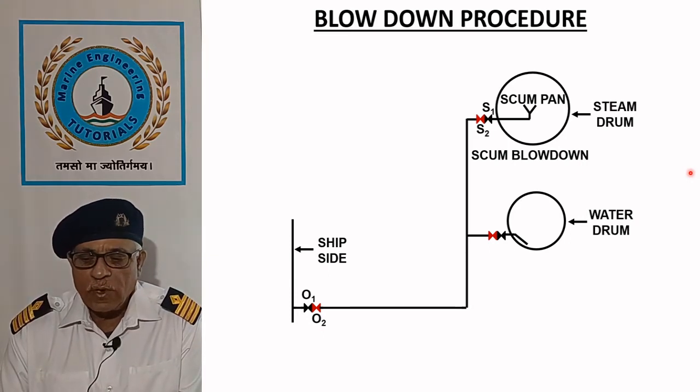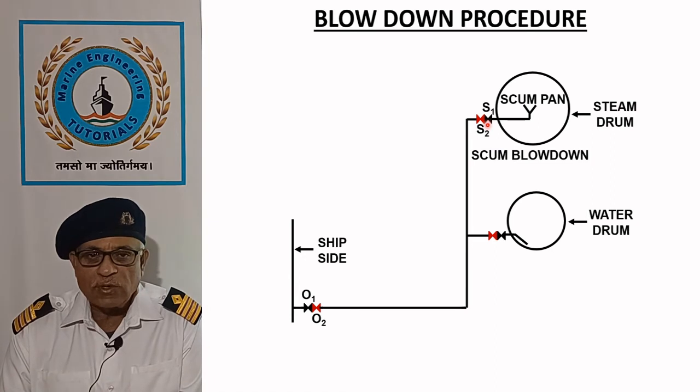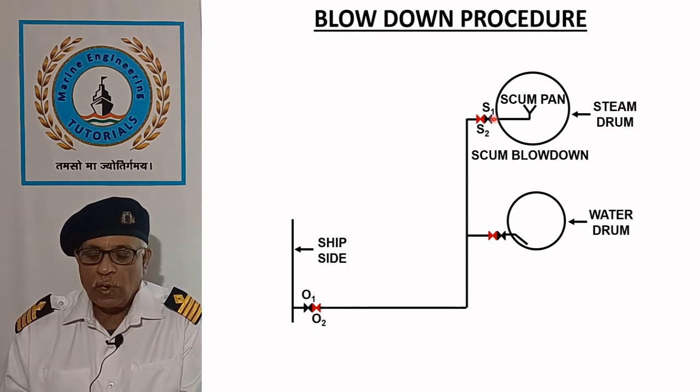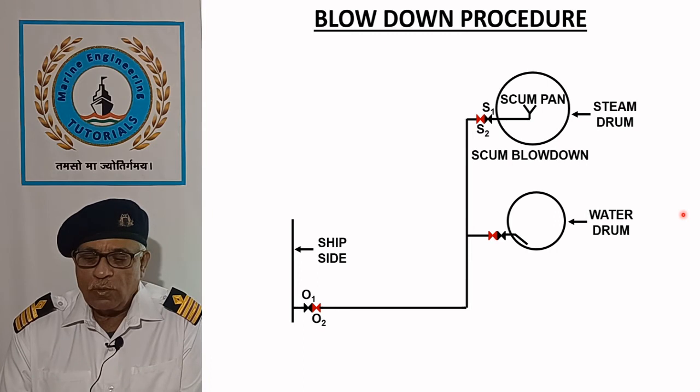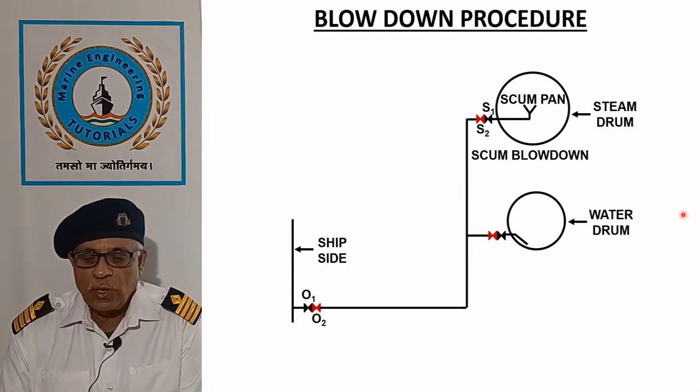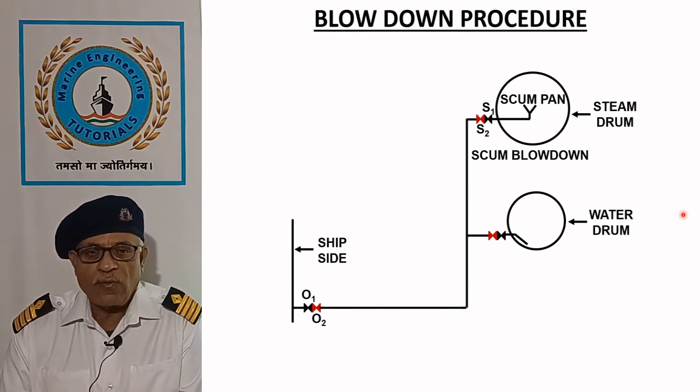Scum valves equipped on the steam drum are then opened in the sequence of S2 and S1 to remove the floating scum. On completion of this scum blowdown, scum valves are closed in the sequence of S2 and S1.